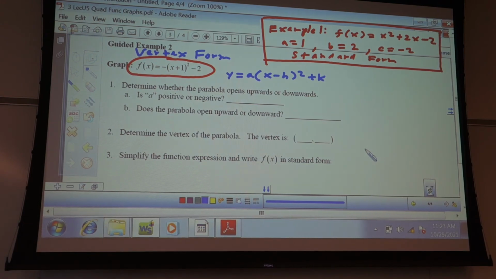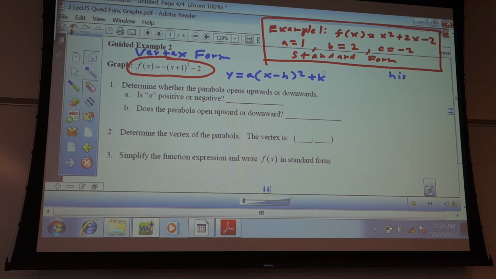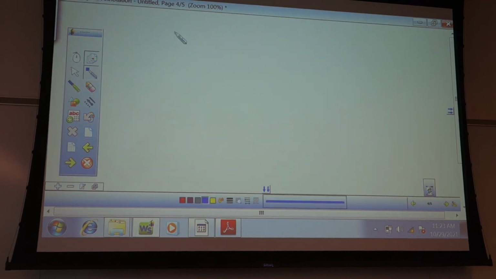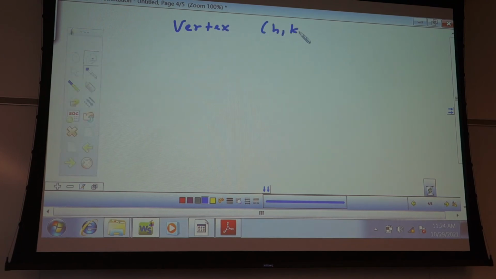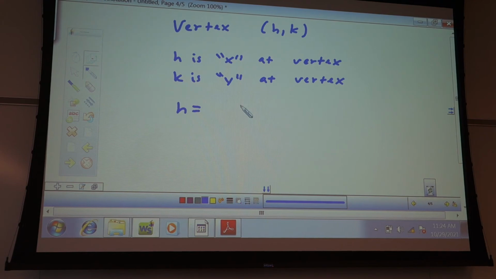So remember, the vertex is H comma K. H is the x at the vertex. K is the y at the vertex. And remember how to find H?